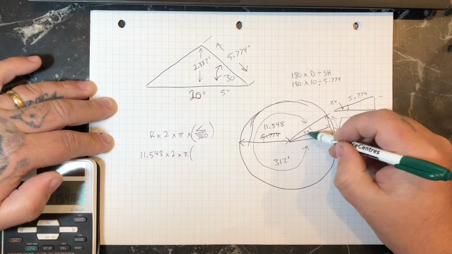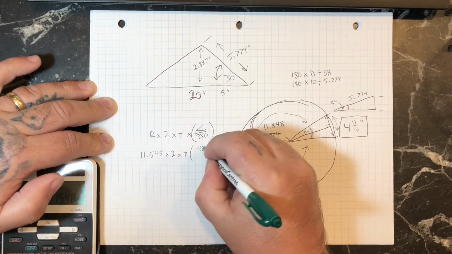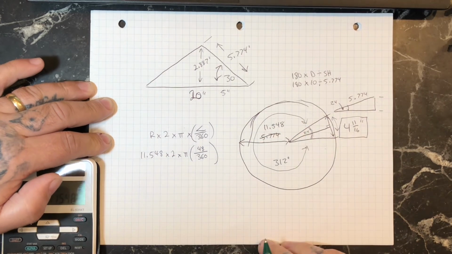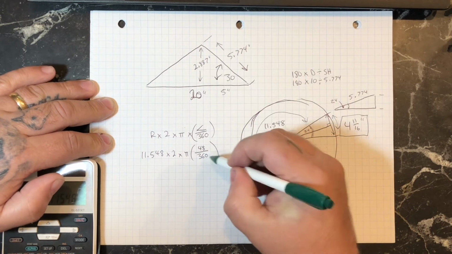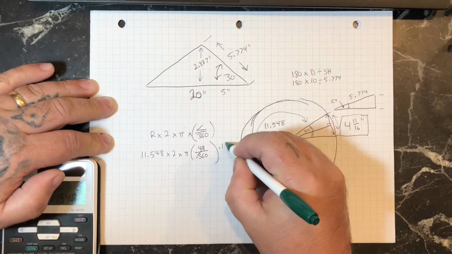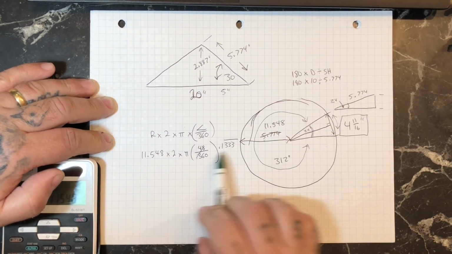We're not using half of the angle this time, we're using the whole one. So 48 divided by 360. I always do this part first, and that ends up being 0.1333 continuing.